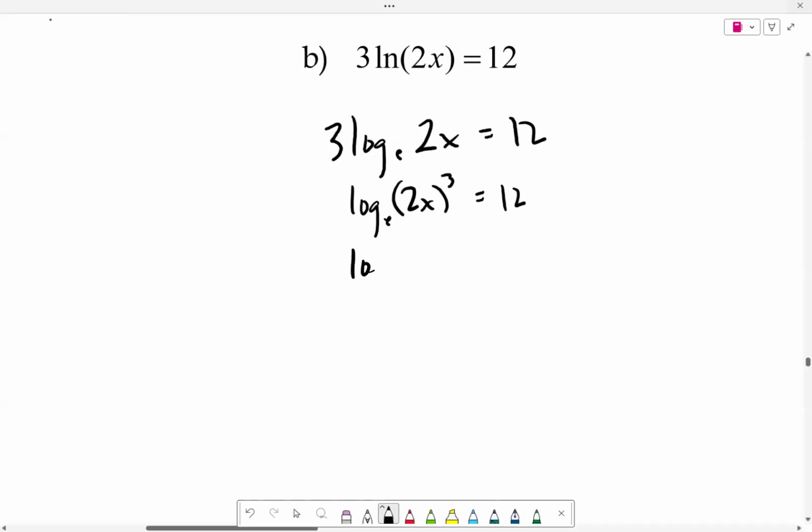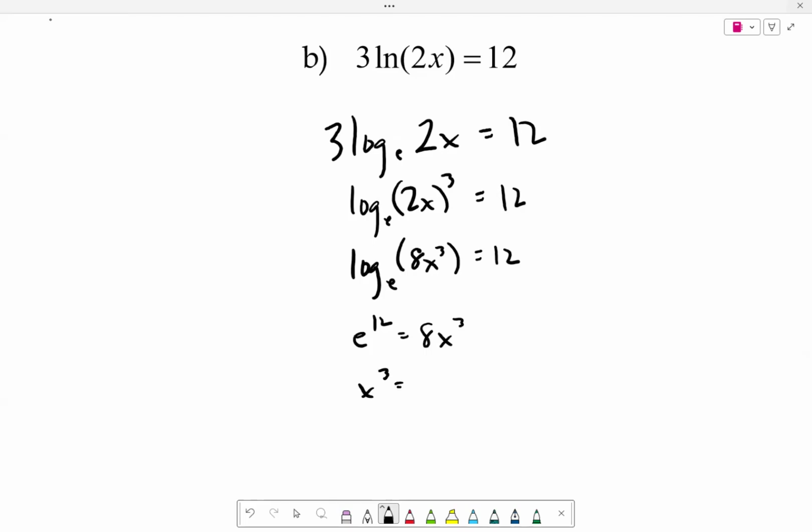Oh, okay. So you're going to rewrite it as 8x cubed like that. I like it.